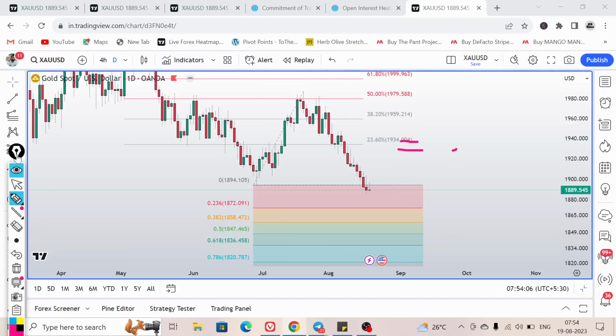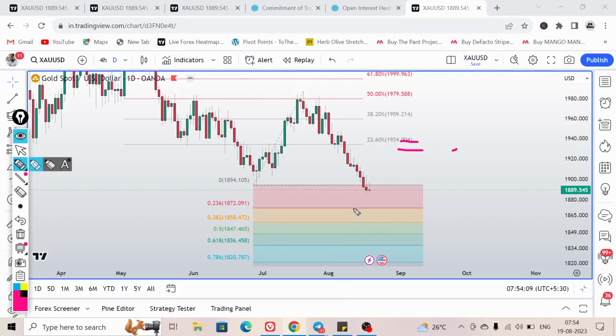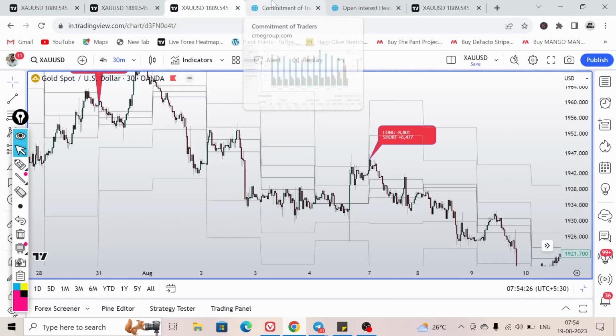Roughly we can consider this level as a support level right over here. So in terms of Fibonacci support and Fibonacci extension, we can consider this level a good support level. So we have to watch this level carefully on the bottom side.